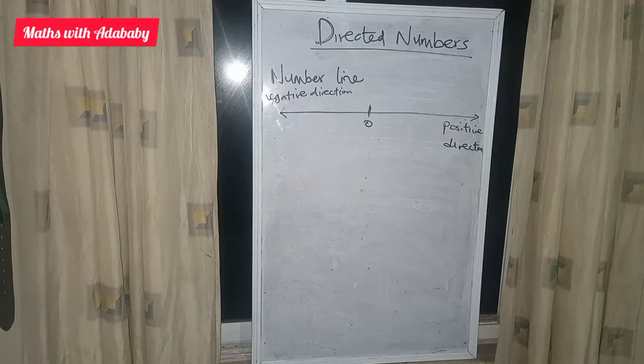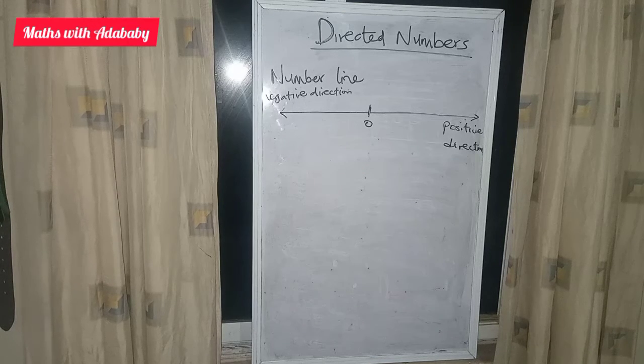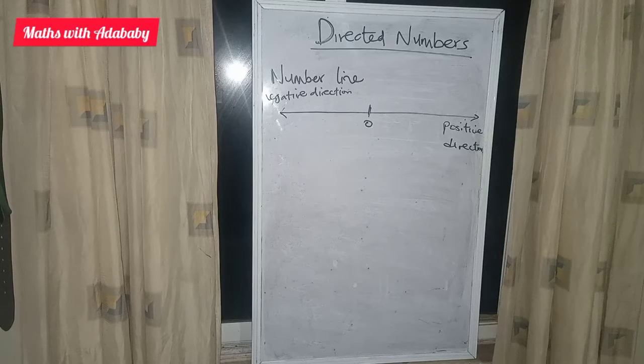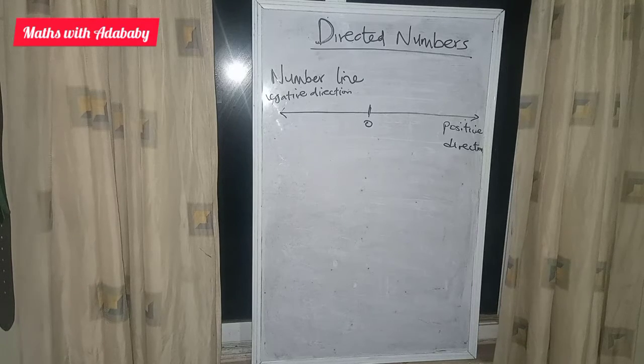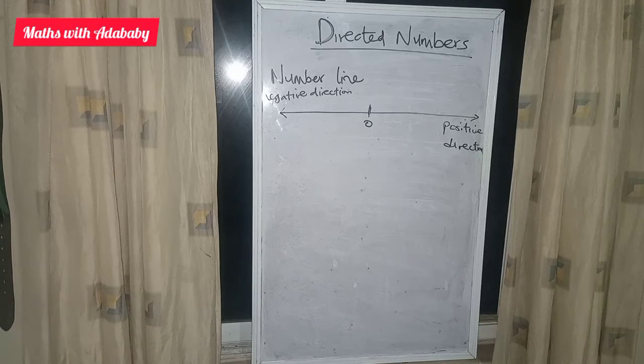So for a number to cross over to the negative direction, that number must cross over from the positive direction through 0 to the negative direction. Likewise, in the other direction, from the negative direction towards the positive direction.